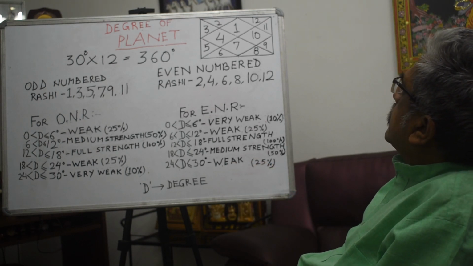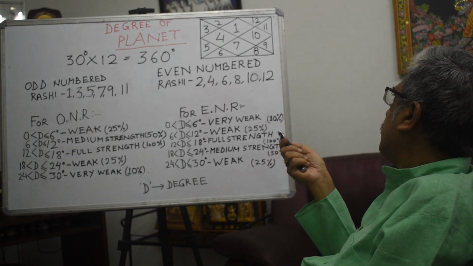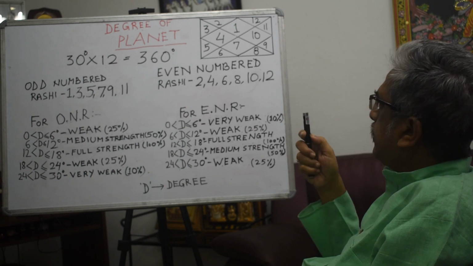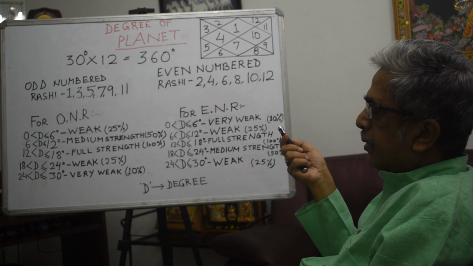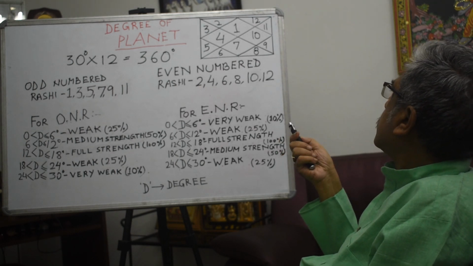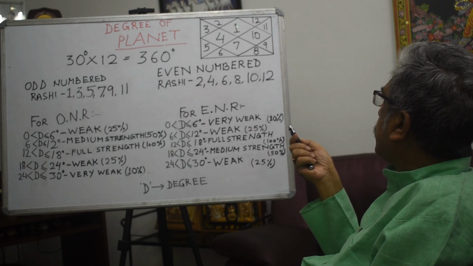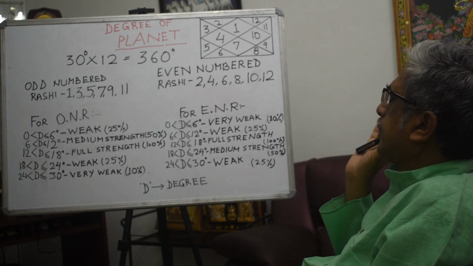Sometimes people get surprised when they see that the Sun is placed in Aries and does not give very good result, because Sun in Aries is exalted. In one video I have already covered exaltation. Sun is exalted in Aries Rashi, but if it is at 3 degrees or at 26 degrees, it will not give a good result.